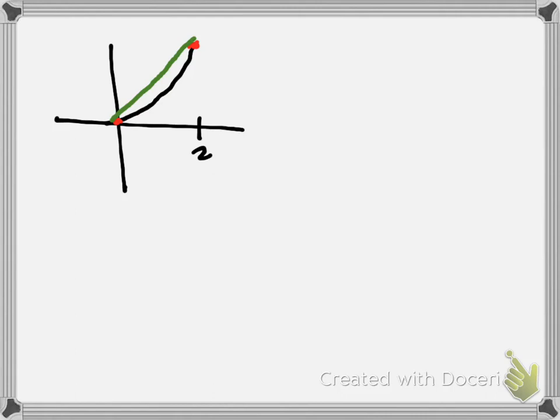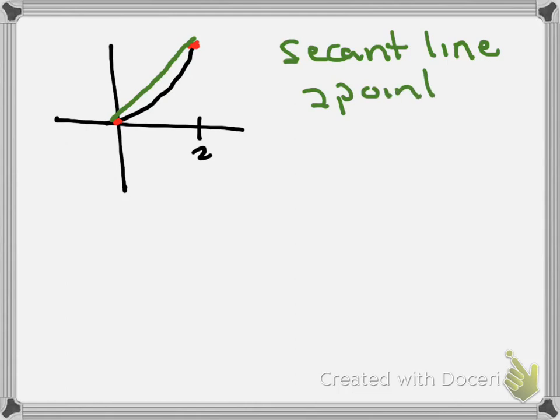So that green line is what we call a secant line. And it's called a secant line because it hits the graph at 2 points. So we know from the other side that this height is 4, and of course this is 0.